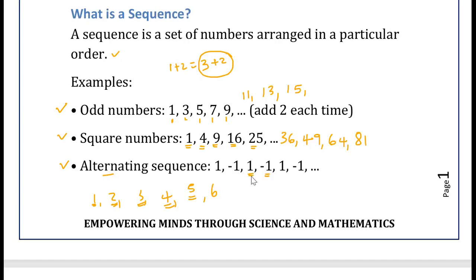So those are some of the examples that we can look at under a sequence. These examples here are just to boost your understanding, but there are very many other rules or patterns that you will see depending on the numbers.